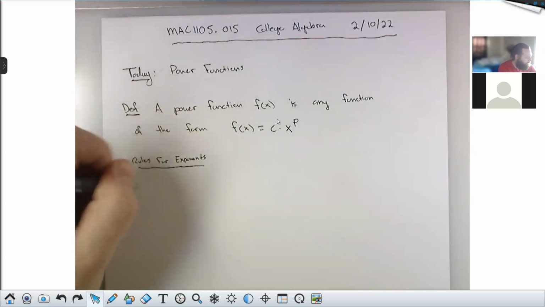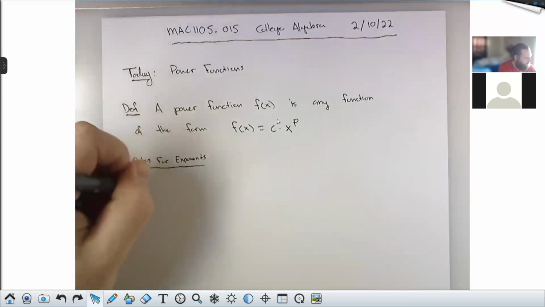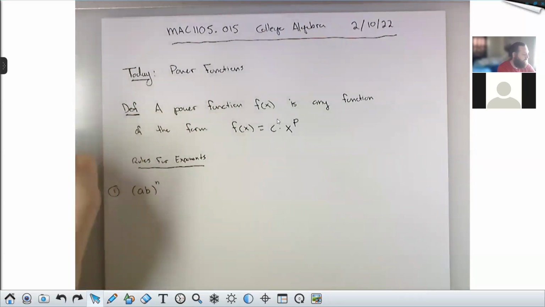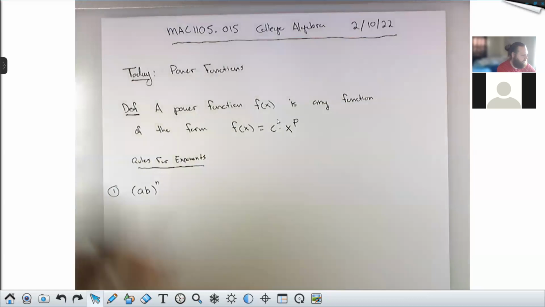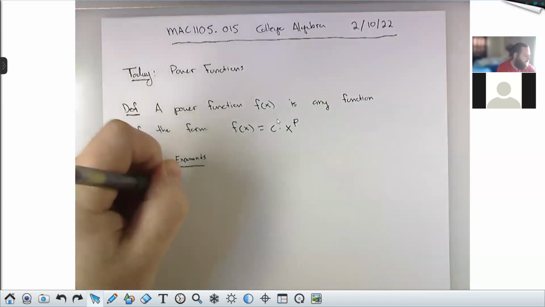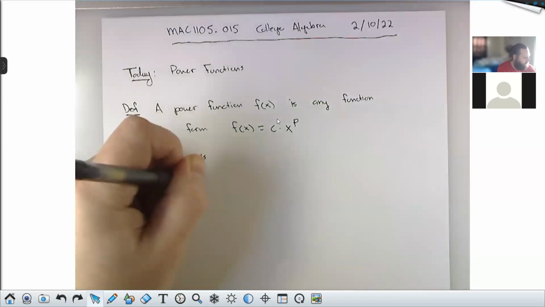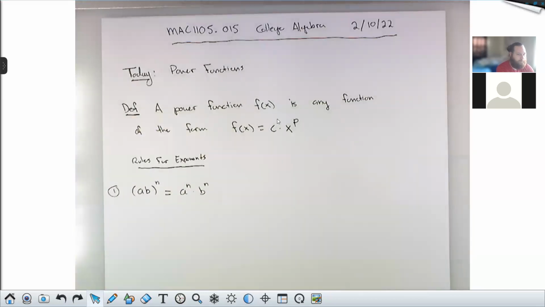Remember, if I have a product of two numbers raised to a power, I'll number these. If I have a product of two numbers raised to a power, that's the same as raising each of those to that power and multiplying them.